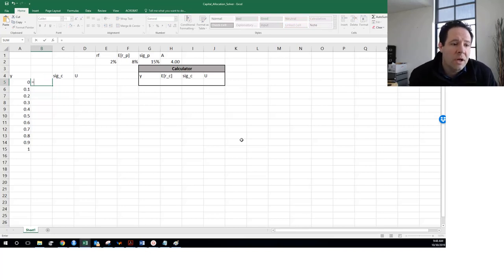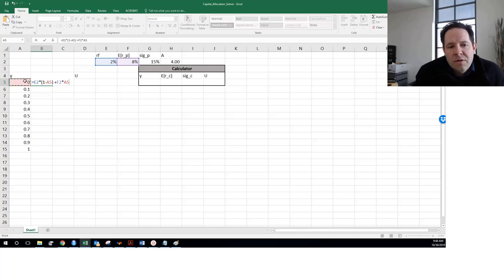Well, that's just going to be the risk-free rate times 1 minus the share of wealth in risky assets. And then we'll add the expected return of the risky asset times the share of wealth we have in the risky asset. That's just going to be A5.